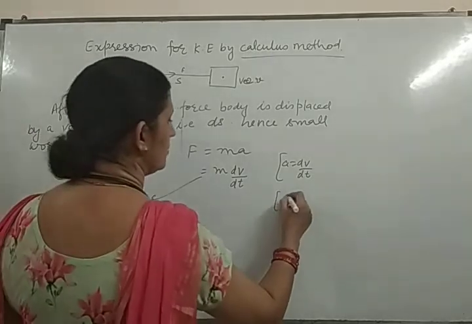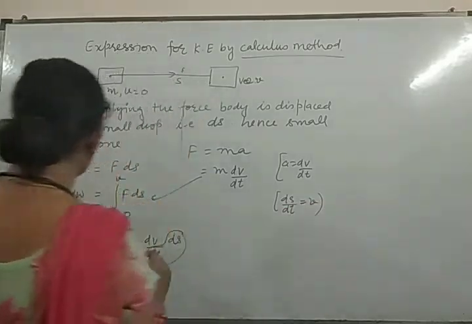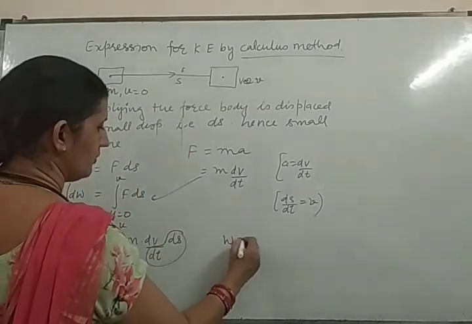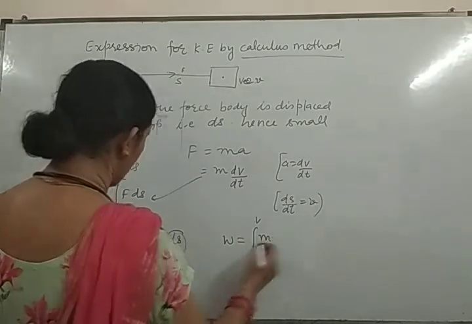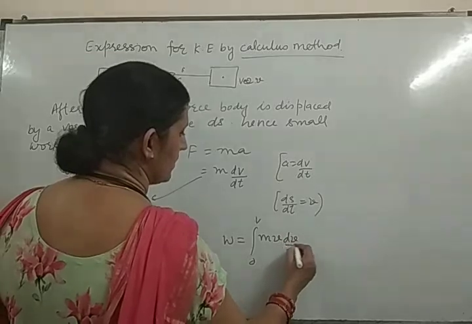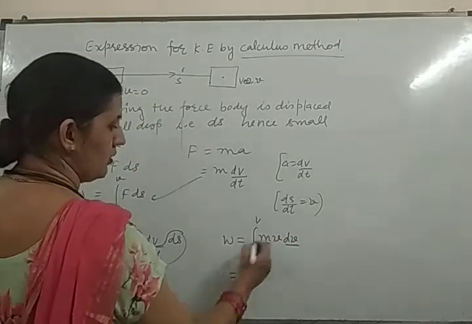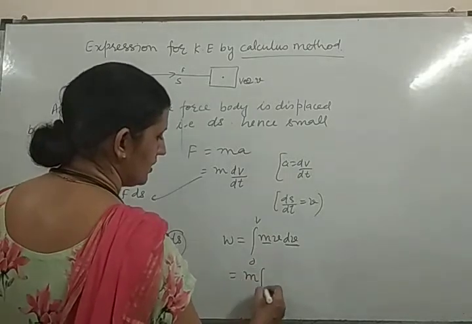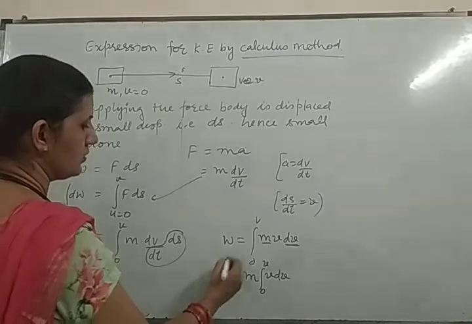You also know ds by dt is equal to v. So here you will have work done is equal to integral 0 to v of m ds by dt is v, m into dv. dv is the variable, so m will act as the constant. Take it outside: 0 to v of v dv. This is equal to work done.